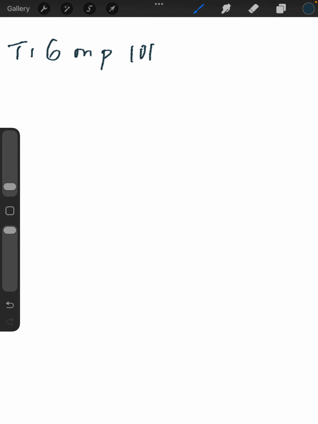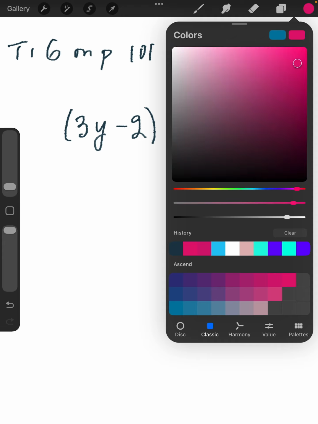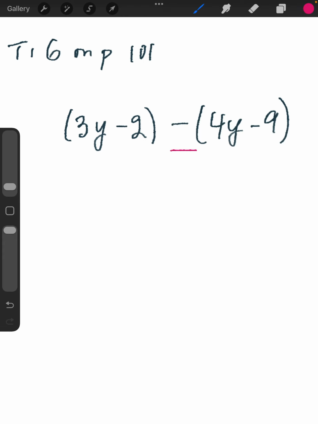That says simplify 3y minus 2 minus 4y minus 9, right? Since we have a negative sign right here, we're going to imagine that there's a negative 1 standing right here, and otherwise there's a plus sign in between these expressions, right?